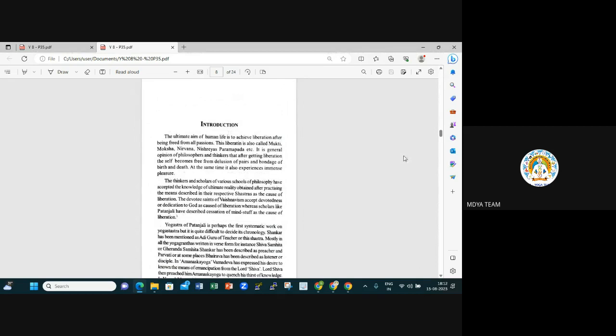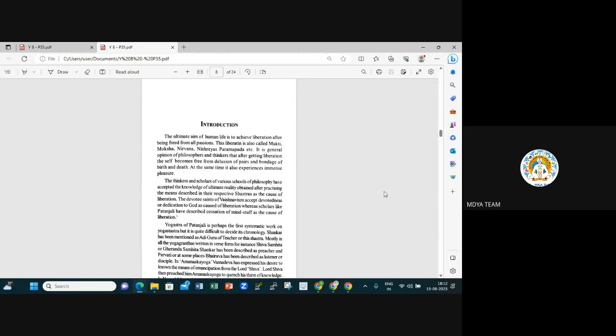Here it is written, introduction, and the Sanskrit text with Hindi translation, both are there. It is the introduction part. Shortly we'll discuss the introduction. As we discuss, it is Yoga Bija.